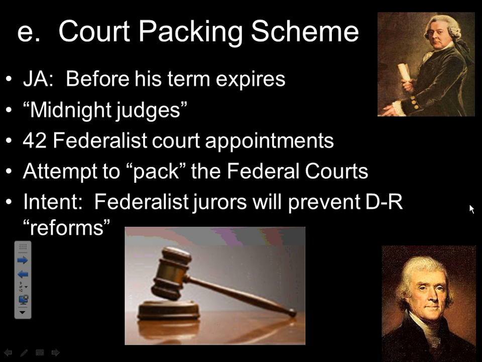And so having a strong judiciary full of Federalist-minded judges, they would be able to offset any new legislation that the Democratic Republicans with the Jefferson administration might author and try to put into motion. So they're trying to prevent Democratic Republican reforms.